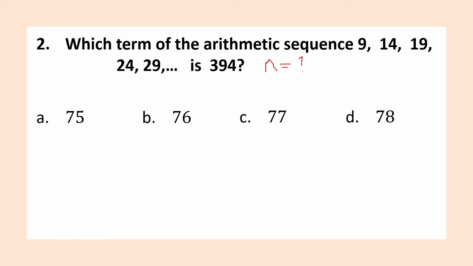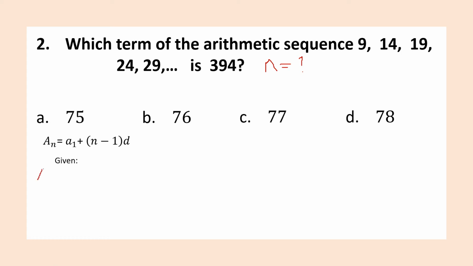Okay, so para mahanap natin yung order ni 394 or yung position niya dun sa sequence, gagamitin natin yung formula ng nth term uli ng arithmetic, which is a sub n is equal to a sub 1 plus the quantity of n minus 1 times d. So, identify natin yung mga given.